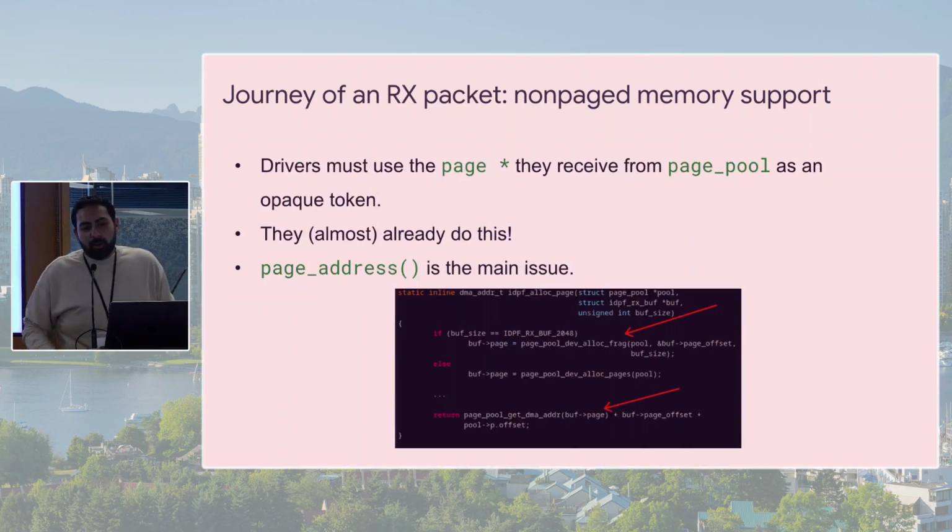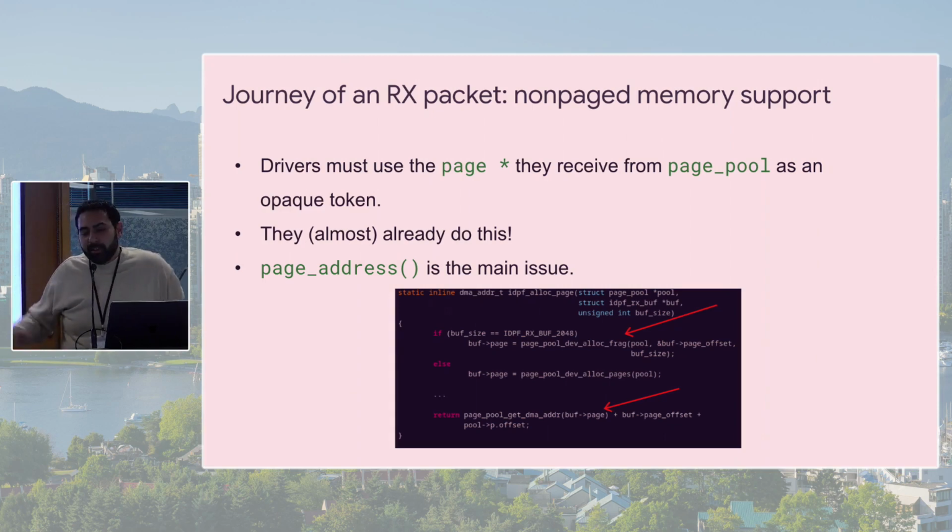Now going over to the other components that need to use struct pages. Of course, drivers use struct page pointers all the time. But if they're using the page pool, the drivers today usually use the page pointer as an opaque token. They typically don't access the page pointer directly or do anything useful with it. If they want to do something useful with the page pointer, they give it back to the page pool and say, hey, get me the DMA address, for example.